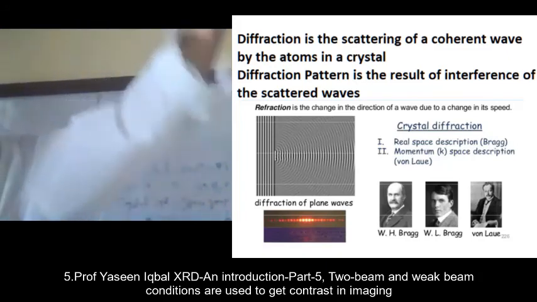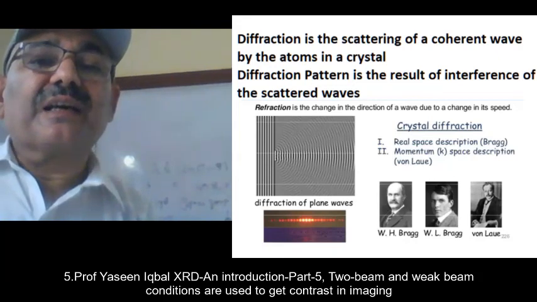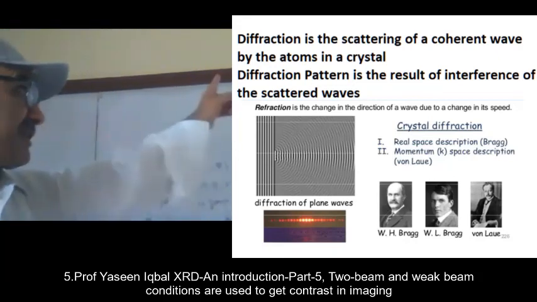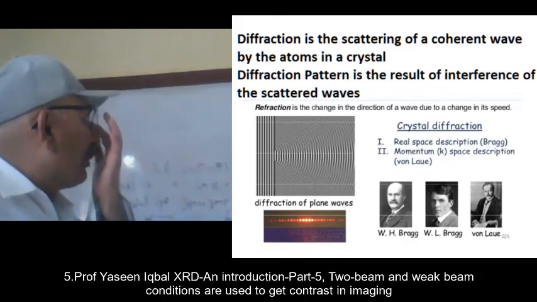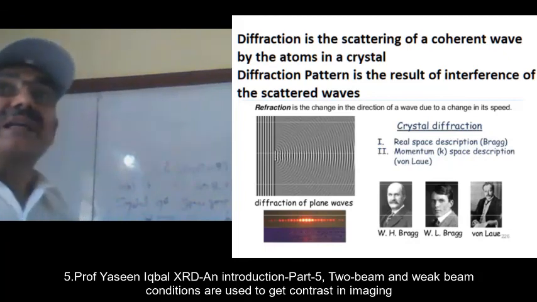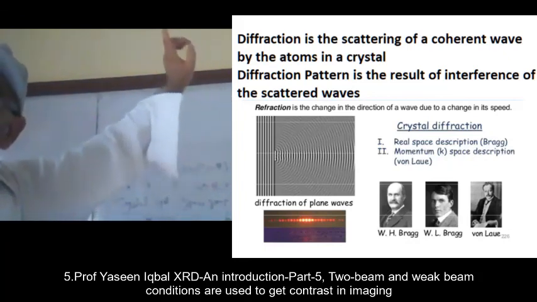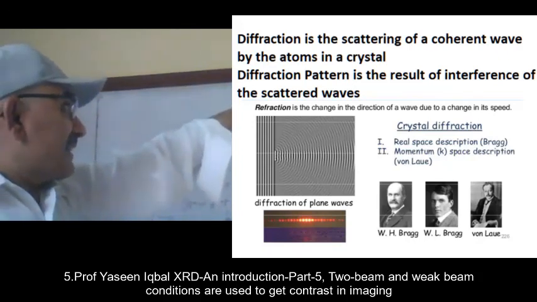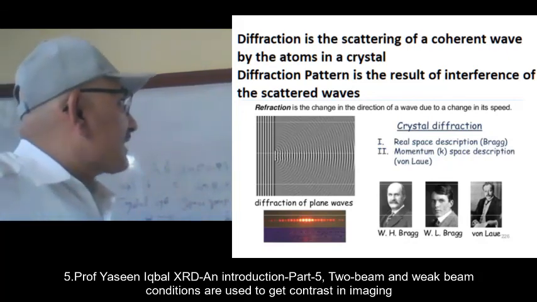So all these precautions are included when you are conducting an experiment. So look into these definitions: diffraction is the scattering of a coherent wave by the atoms in a crystal, and the diffraction pattern is the result of the interference of the scattered beams.